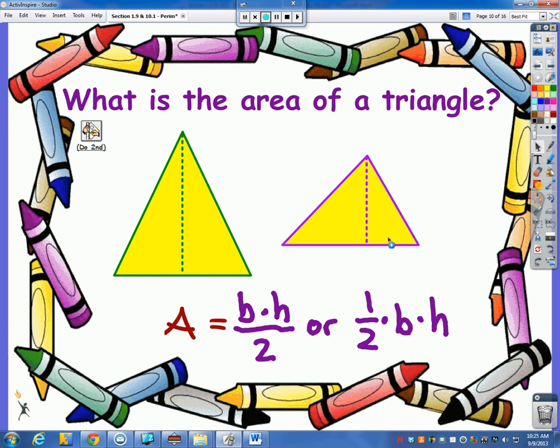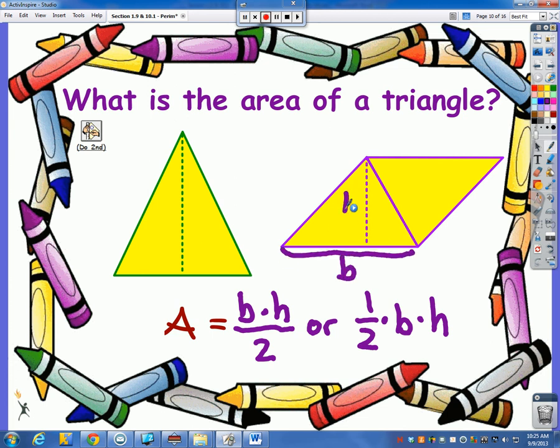Now another way to look at it is, again, here's base, here's height of this triangle. What if I made an exact duplicate copy of that triangle and stuck it right there? Now what shape do I have? I've got something that looks like a rectangle, but it's tilted over, so it's a parallelogram. Again, here's the base, here's the height, there's my natural 90 there.